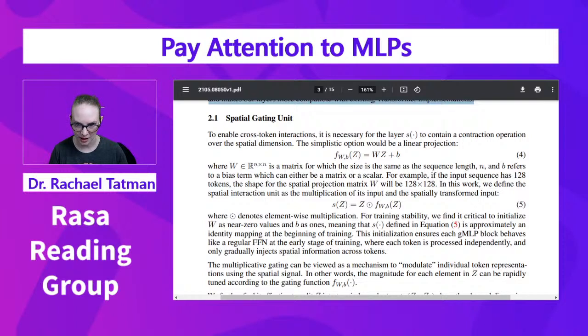The simplistic option would be a linear projection where W is a matrix the same size as the sequence length N, and B refers to the bias term. So this is the sequence length N, this is the dimension, this is the bias. So this is so far the basic feed-forward network thing.